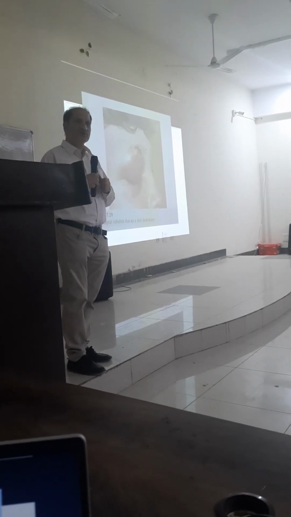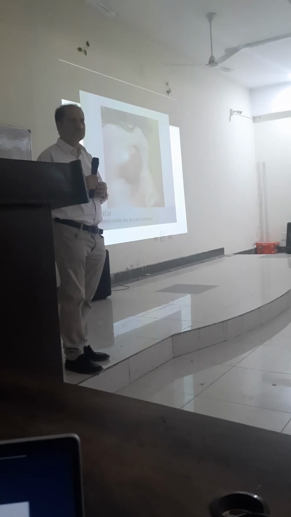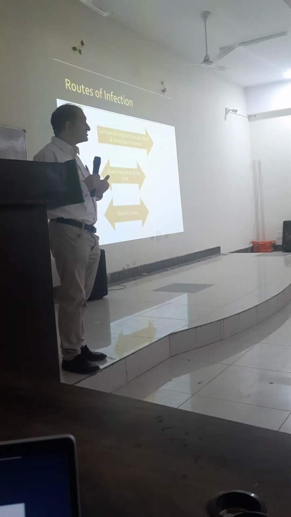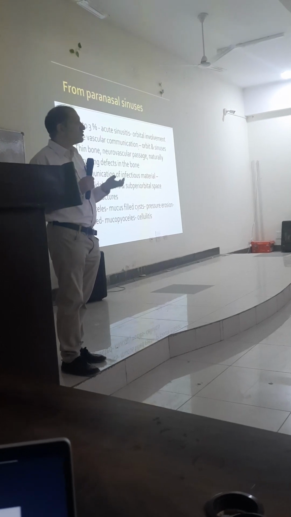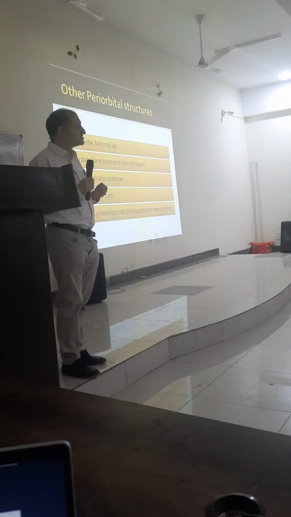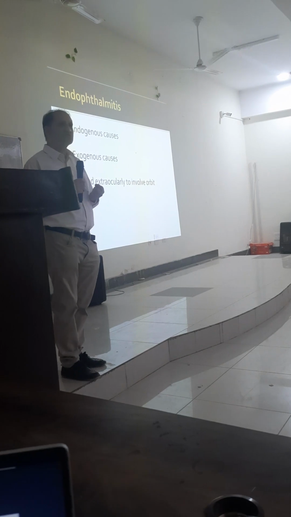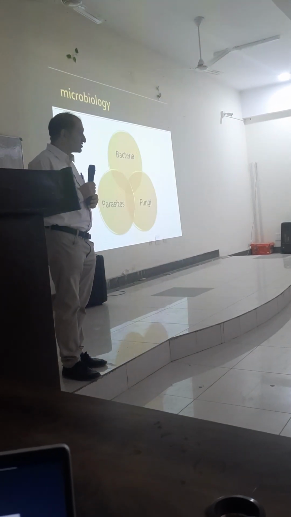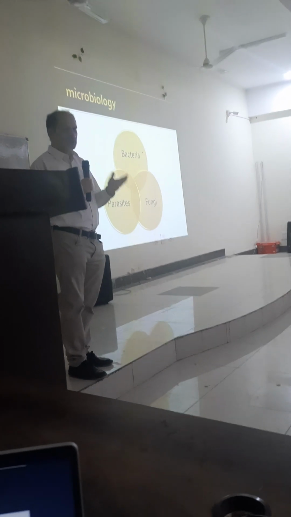So these are the causes of orbital cellulitis. Now the organisms: which organisms cause it? Normally it is caused by streptococcus, then staphylococcus, then pneumococcus. So these are the common organisms.